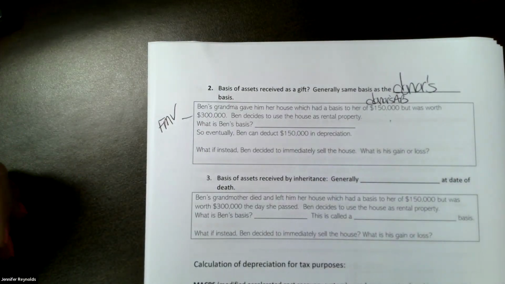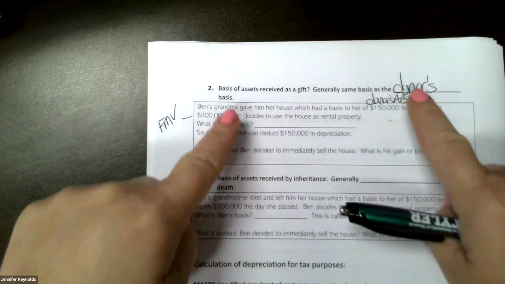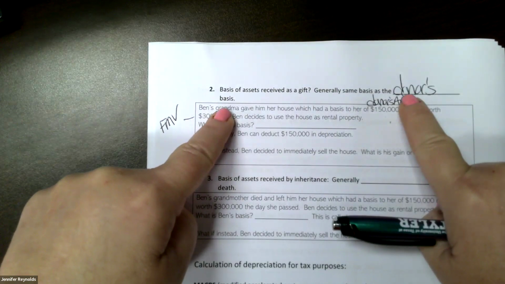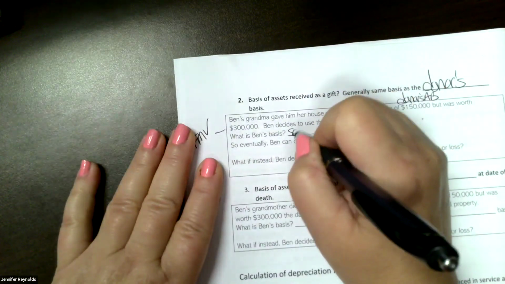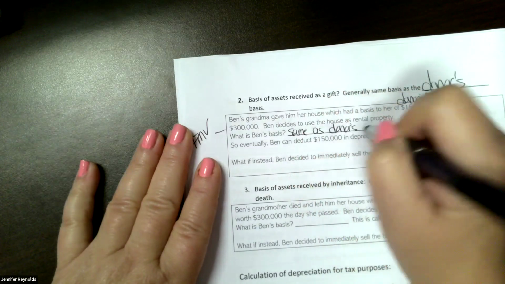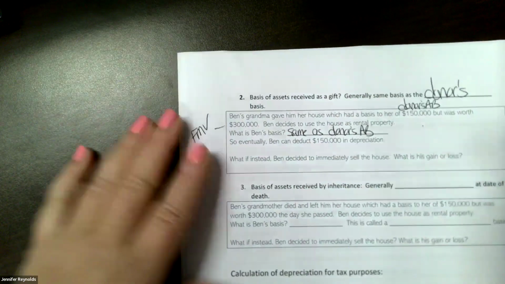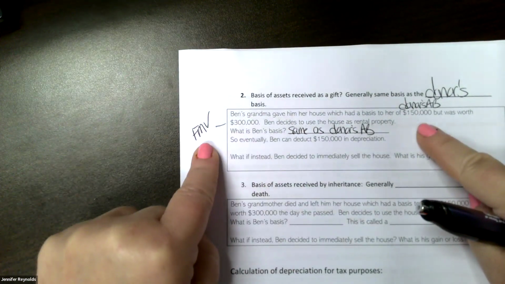What is Ben's basis? So for property received as a gift, we just wrote down the rule. Before you go to writing a number down, I would write same as donor's adjusted basis. And then I've already labeled things up here, so I'd go, oh, it's not that. That's the fair market value.